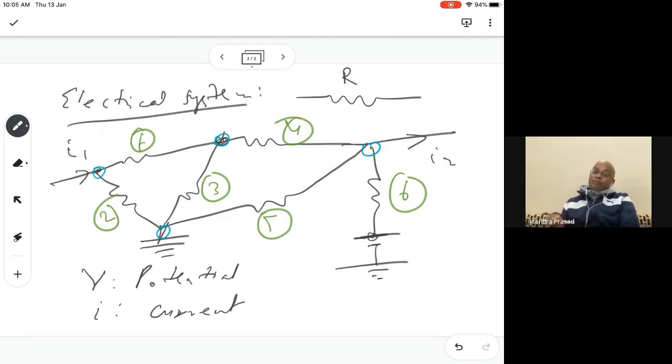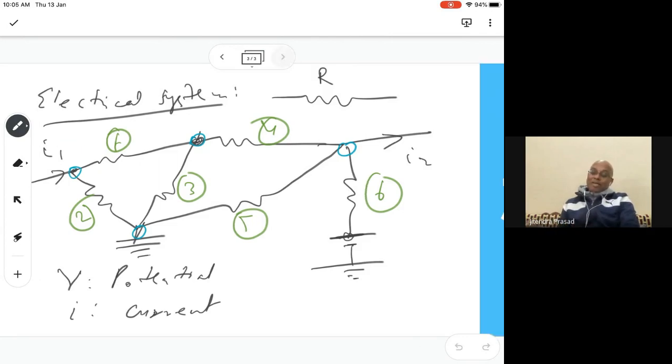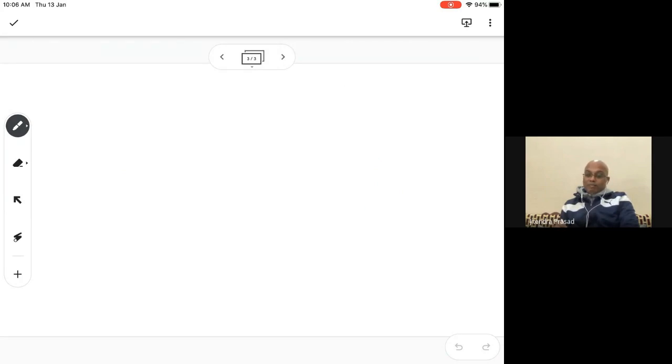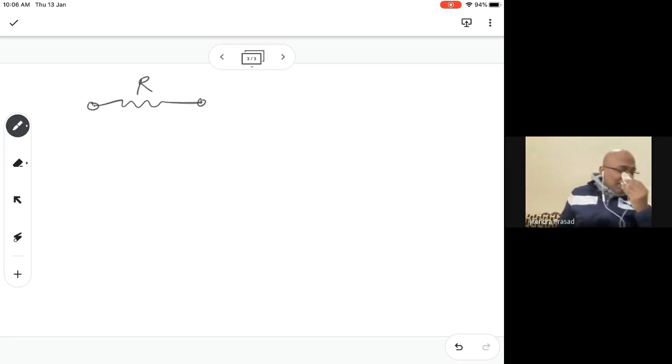And how do you formulate this problem? So let us say you have an electrical element, the resistance R is given here. There are two nodes, node 1 and node 2. Now, if you look at the definition, as we considered earlier, what are the nodal variables?